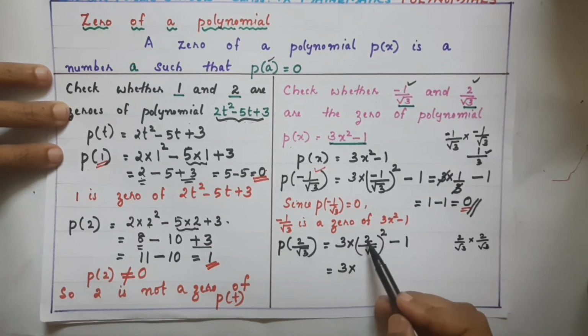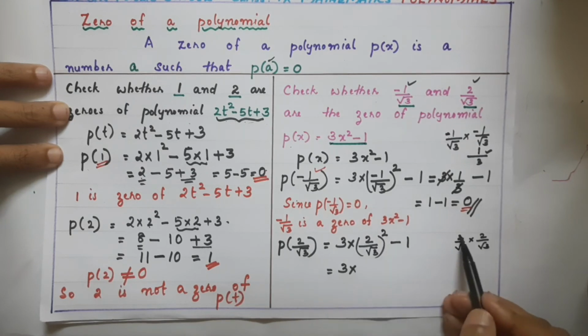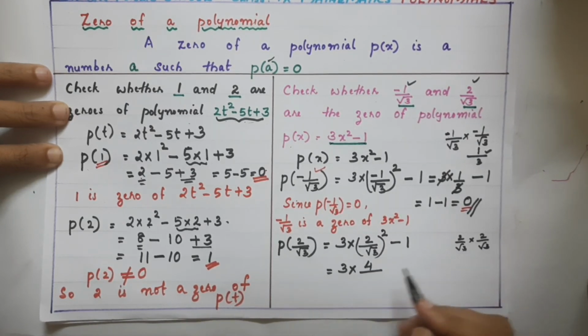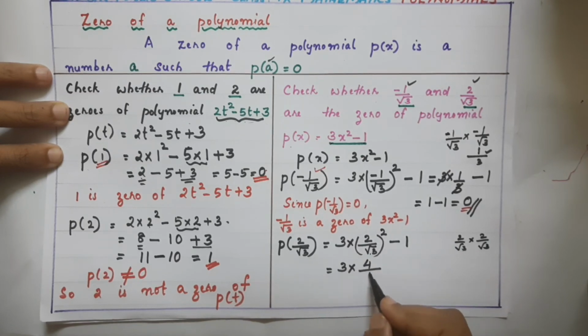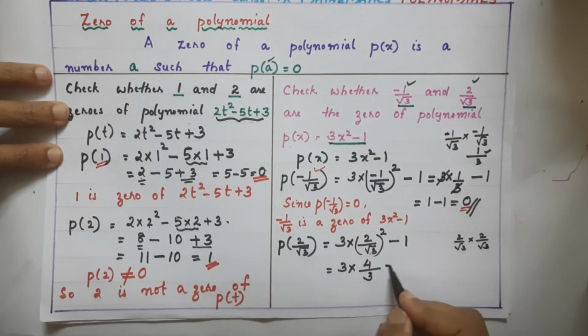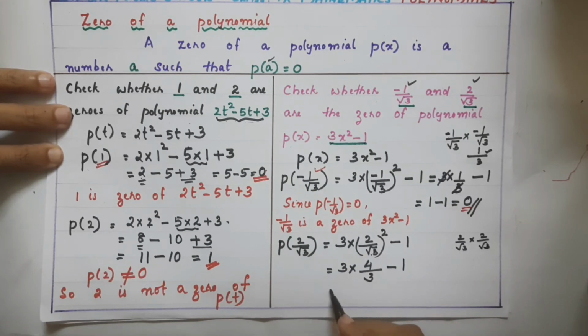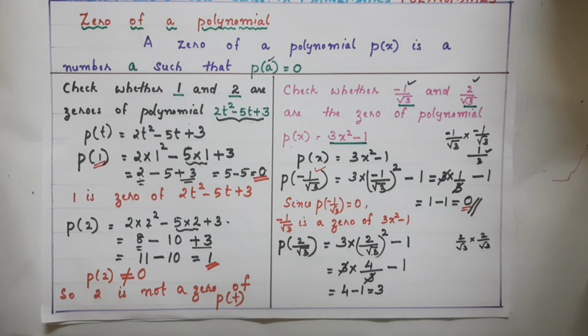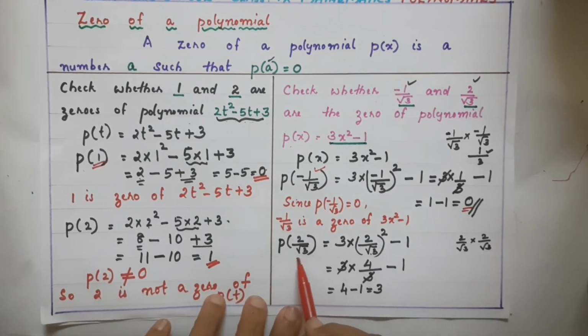Or we can take the square, 2 square, that is 4 by root 3 into root 3, or root 3 square, 3, minus 1. Now 3 cancel. What is remaining? 4 minus 1. It is 3. So what you can conclude? What is the polynomial value when you put 2 by root 3?